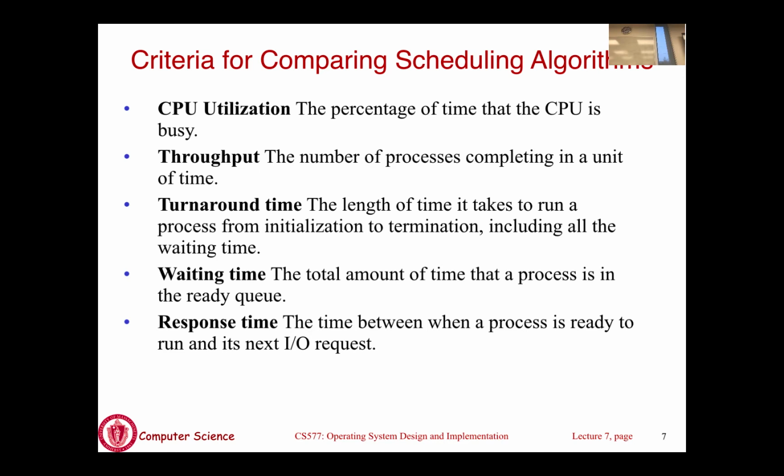Now, you might think these are all good metrics to optimize. Why not try to optimize all of them? As it turns out, any scheduling policy can optimize some of them at the expense of others. There is no policy that can optimize all of them together, so you have to pick what makes sense. If your machine is going to run a lot of interactive jobs, with a user interacting with a graphical user interface, you want to minimize response time, so the system appears to be responsive.